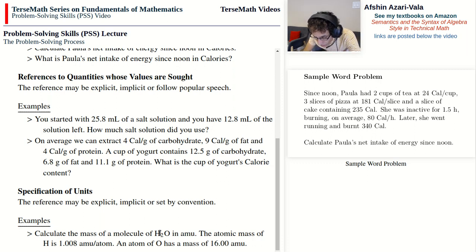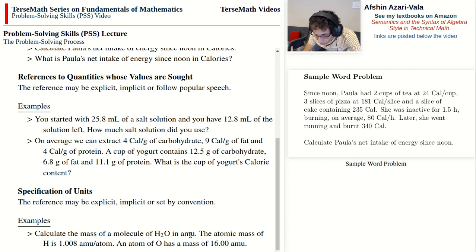Capital H is used to refer to this particular atom, and oxygen, capital O, is the chemical symbol for oxygen. So H2O means there are 2 hydrogen atoms, and this should be O1, but if it's a 1, we don't write the 1. It's implied. So there is 1 oxygen atom in a molecule of H2O.